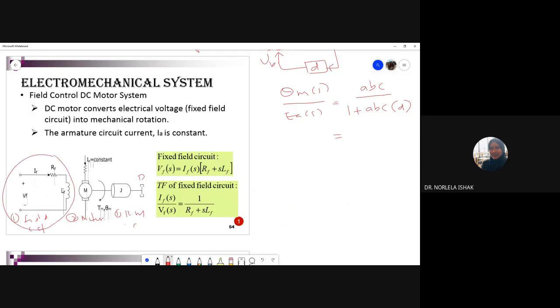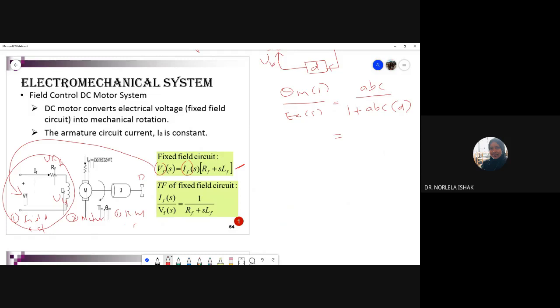You derive this using Kirchhoff's law, so we can get this equation. Vf, the field voltage, equals the voltage through this resistor and the voltage through the LF. From here, you rearrange to get the transfer function. V is our input here, IF is your output, and the total impedance is your gain.